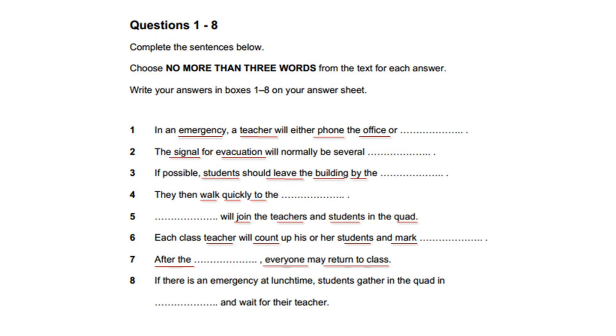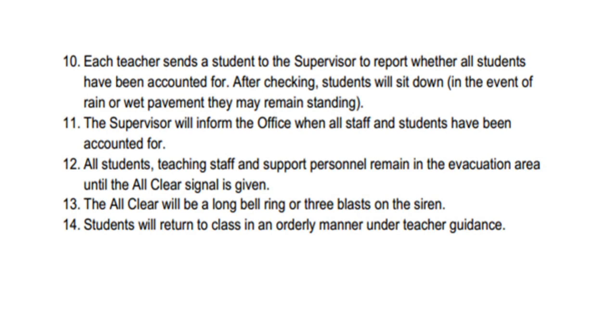Answer 7 should appear after answer 6 in the text, so start reading from where you got answer 6 from. It says, each teacher sends a student to the supervisor to report whether all students have been accounted for. After checking, students will sit down. In the event of rain or wet pavement, they may remain standing. The supervisor will inform the office when all staff and students have been accounted for.